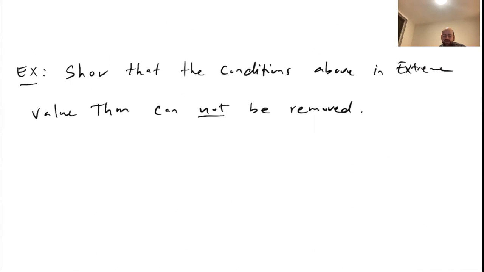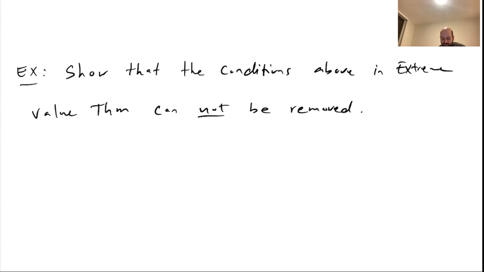So how can I show this? I can show it with examples. For example, I want to show that the continuity of f is required. I cannot eliminate it or remove it. So I can give an example of a function which is not continuous and doesn't have an absolute max and min. That means if I remove the condition of continuity, then the theorem will not be valid anymore because it may not have an absolute max or min once I remove the condition.